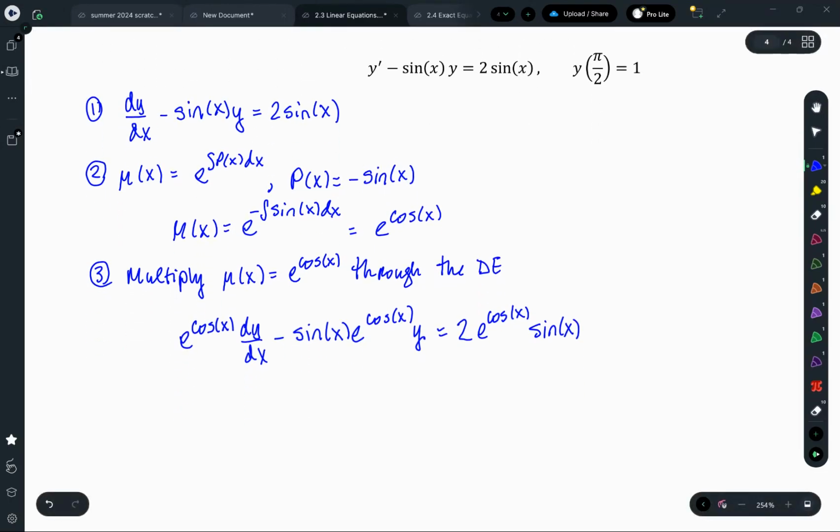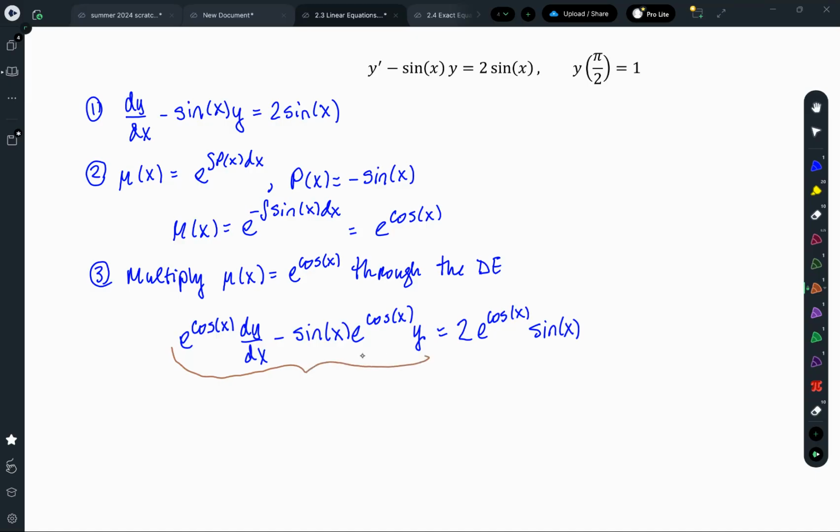Okay, now on the left-hand side, it should be true that this is the result of having taken d dx on mu of x times y, where mu of x is e to the cosine of x and then times y.